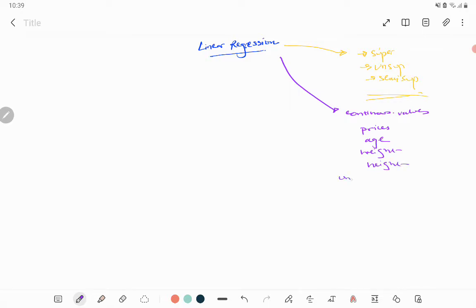Non-continuous values, or classes, are examples where you're predicting, let's say, the species of a dog, the brand of a shoe. These are classes, right?